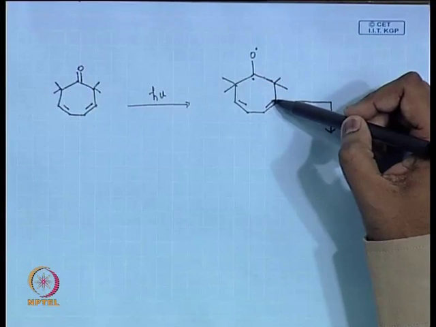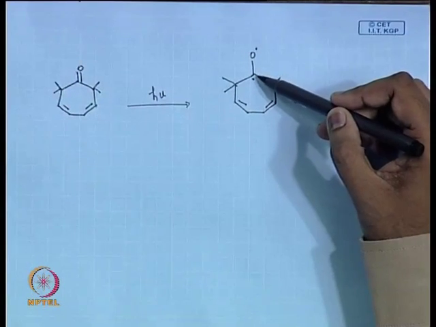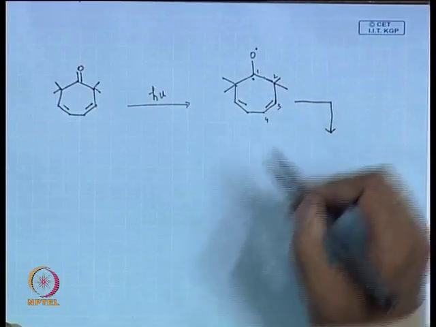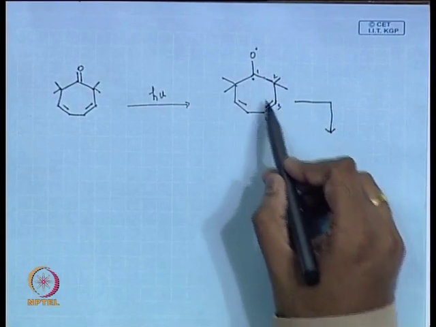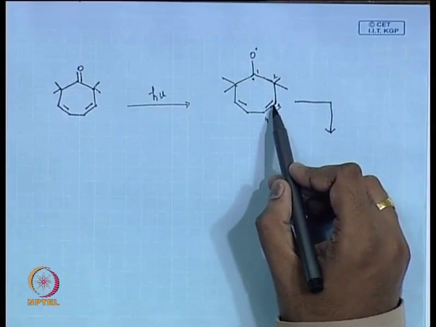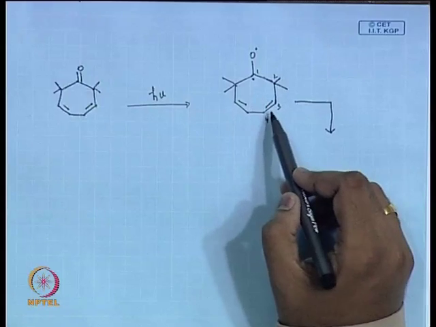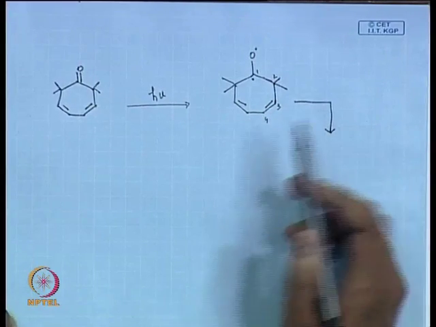I can attach here or I can attach here, where do you want to do it? If I say 1, 2, 3, 4, do you want to make ring closure to form 1 and 3 or 1 and 4? 1 and 4, because you get a radical which is allylic. Okay.